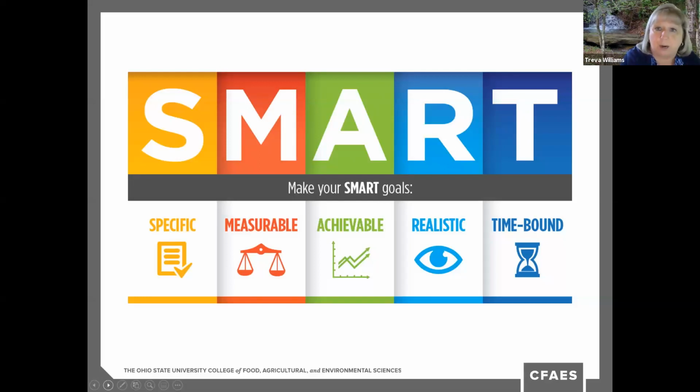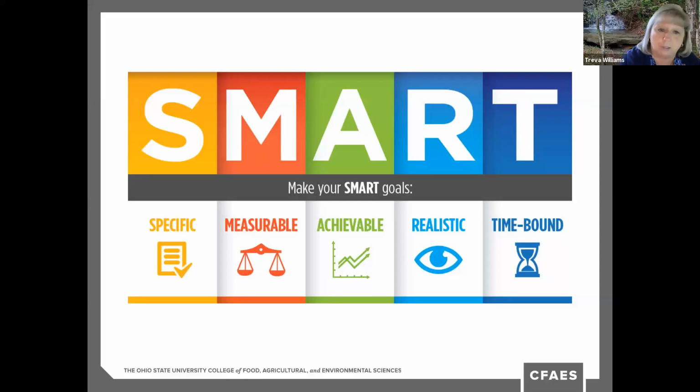So if you're doing a program, maybe one of your goals is going to be that you're going to say, we're going to have not necessarily a number of people there, but how many people are going to learn something? Because, oh my goodness, now when I go to report that, that's one of those magic questions it asks, isn't it? How many people learned something?